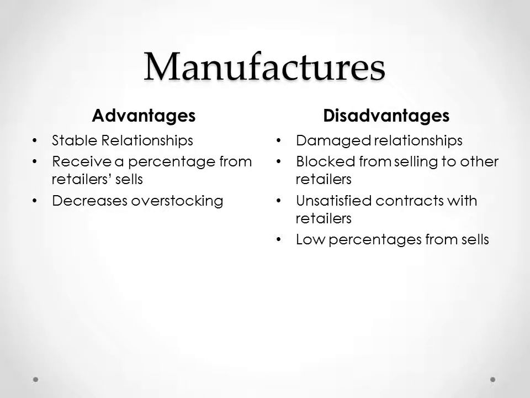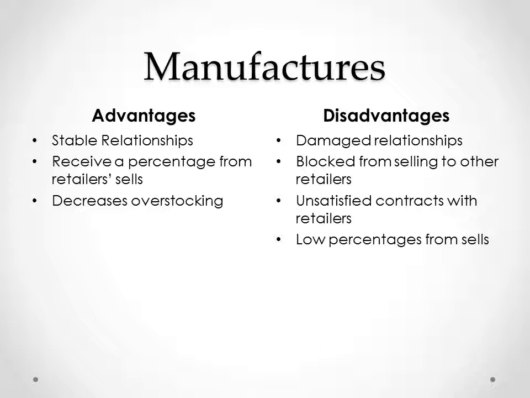Now, for the manufacturers, the advantages and disadvantages to them. The advantage is a stable relationship. The manufacturers can maintain this relationship between them and the vendors, because at the end of the day, they're both getting a percentage from a retailer's sale. Like I said, they're both receiving a percentage.